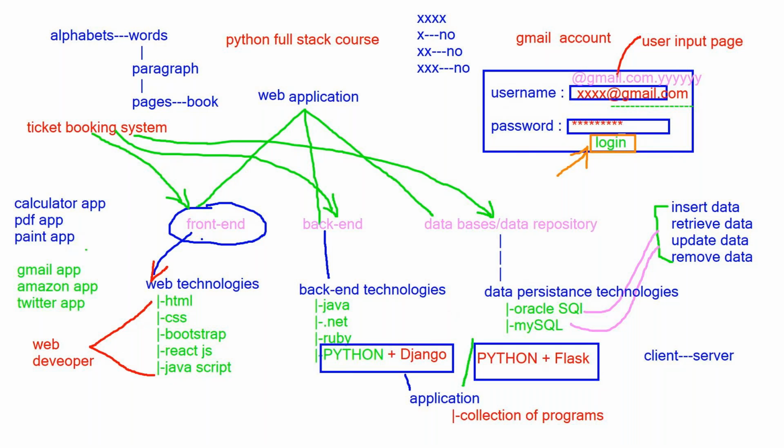To use calculator, PDF, and Paint, we don't require an internet connection. That's why they are offline applications. To use Gmail, Amazon, and Twitter, we require an internet connection. That's why they are called online applications or web applications. Web means internet.